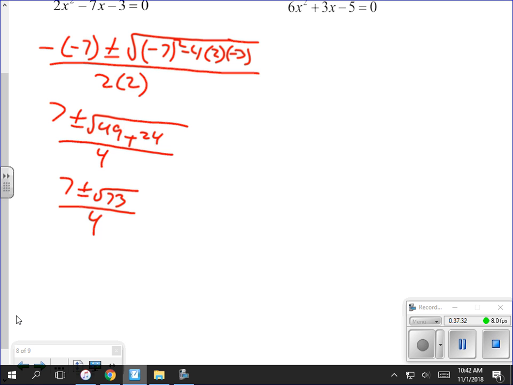And I get 3.886, which rounds off to 3.89. And then I do it again, going 7 minus the square root of 73 equals, divide that by 4, and I get negative 0.39386, which is negative 0.39.